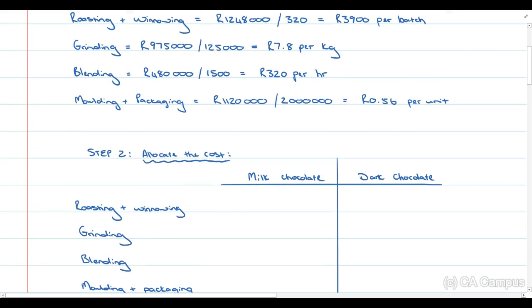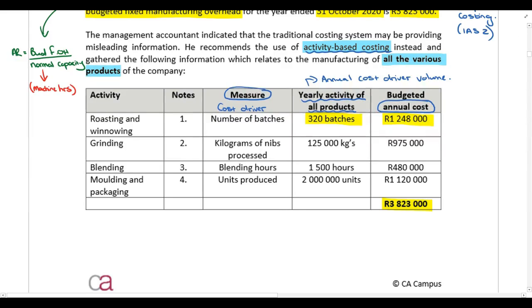In step 1, we calculated that the activity rate is 3,900 Rand per batch. So in order to allocate this cost, we need to multiply the activity rate by the number of batches. So if you go back to the information provided in the scenario, we are just looking at roasting and winnowing for now.